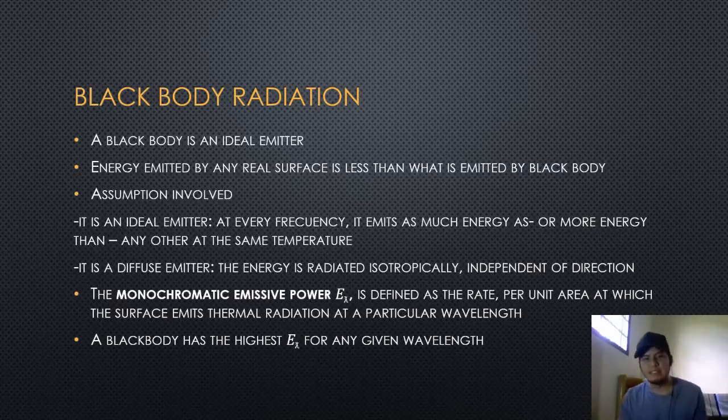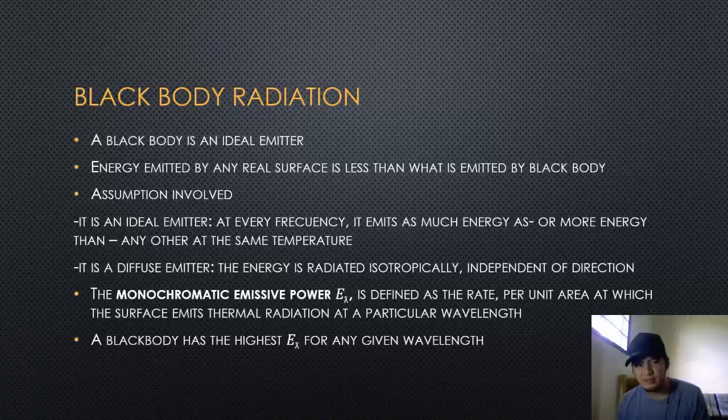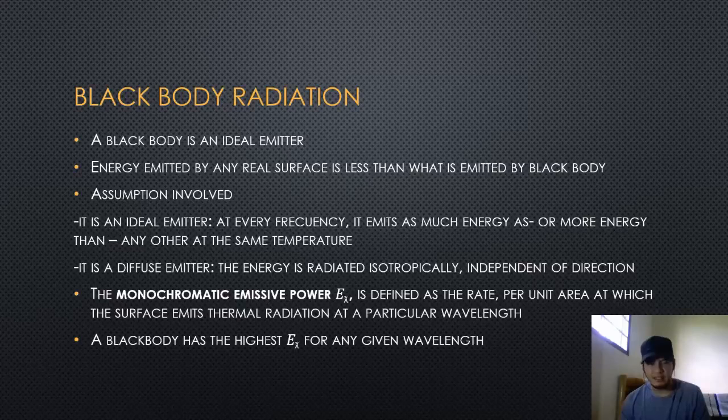A black body is the ideal emitter. Energy emitted by any real surface is less than what is emitted by the black body. For the assumptions involved, it is an ideal emitter. At every frequency, it emits as much energy as or more energy than any other body at the same temperature. It is a diffuse emitter.